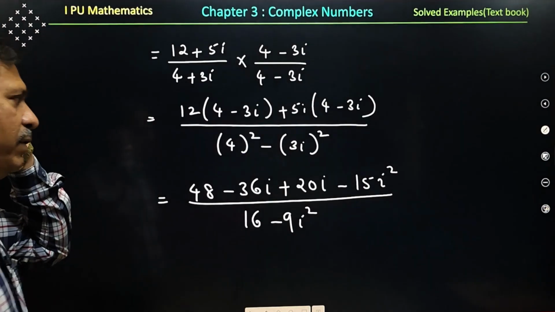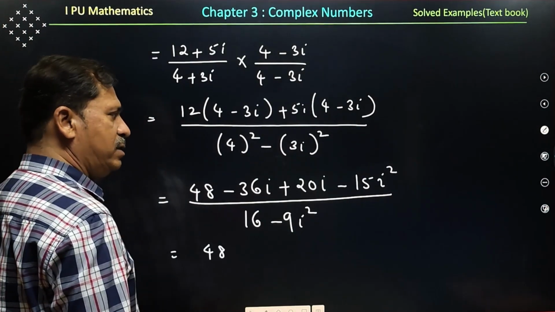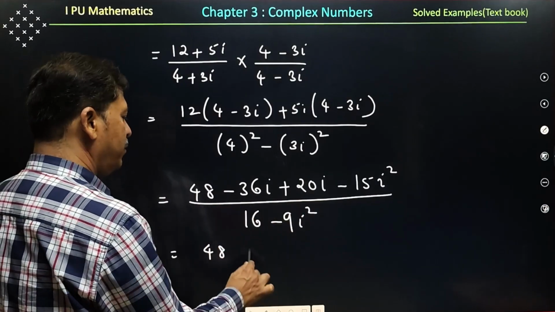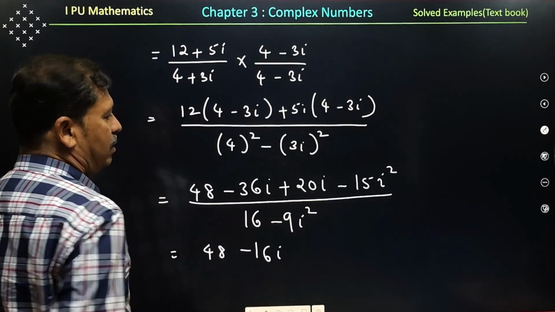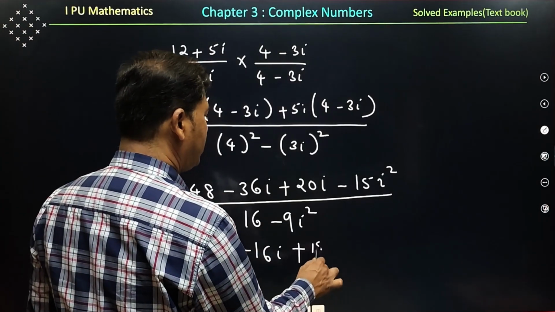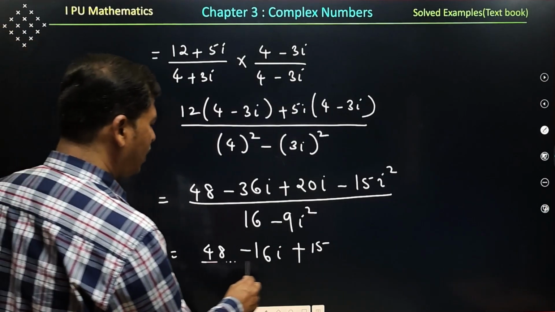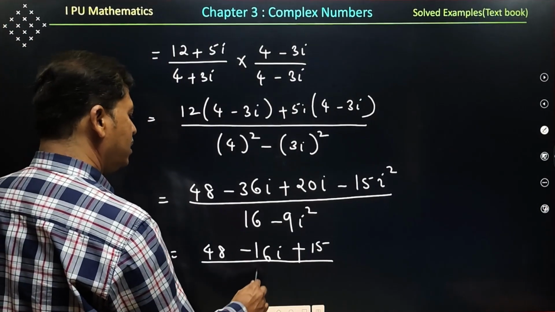Now it is the time to simplify it properly. 48 write as it is. 20 and 36 difference is minus 16, and then you write i. Plus 15 you write this time because i square value is minus 1. Divided by 16 plus 9.